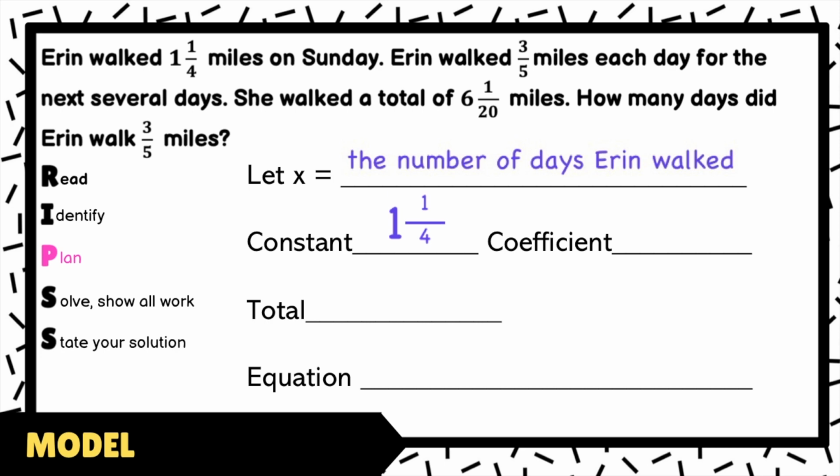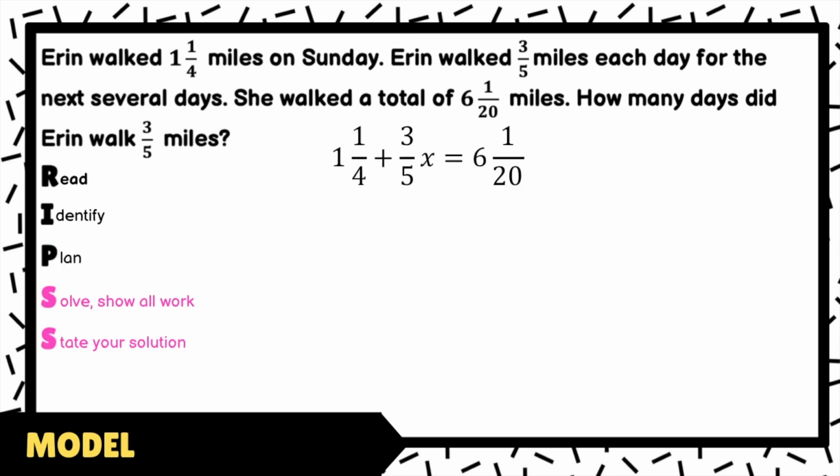It's what's going to be multiplied by our variable x. And then our total, the total miles that Erin walked, is 6 1/20 miles. So our equation to help us find the number of days that Erin walked 3/5 miles is 1 1/4 plus 3/5 times x equals 6 1/20.